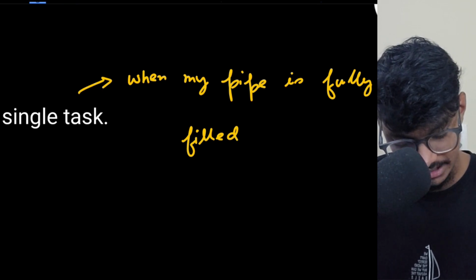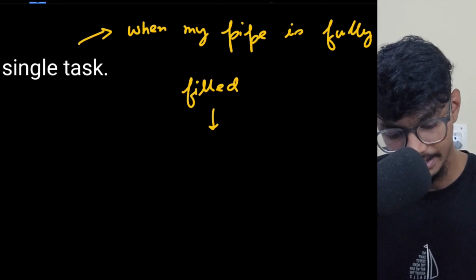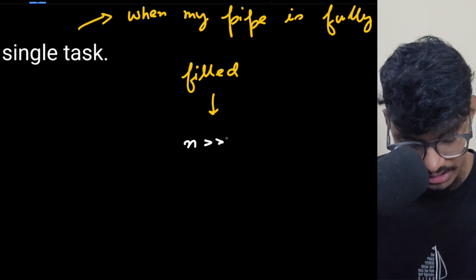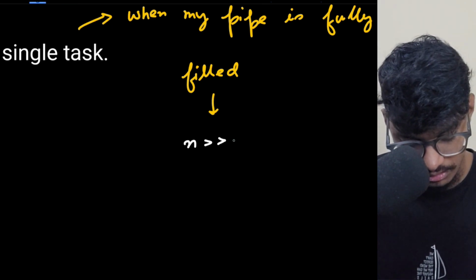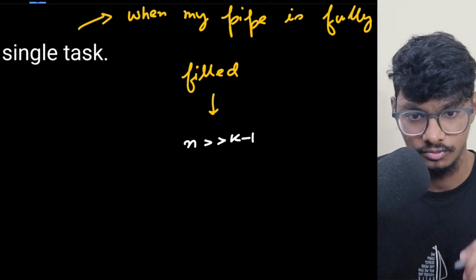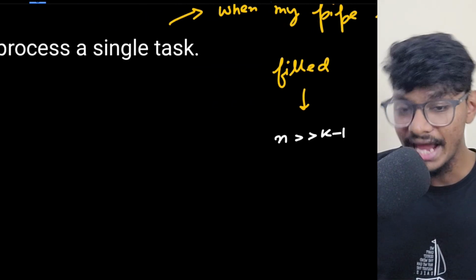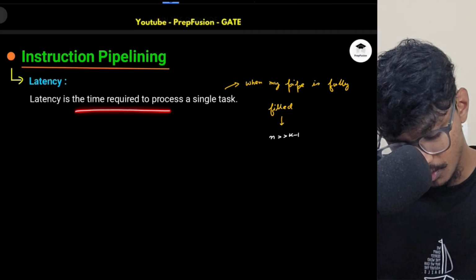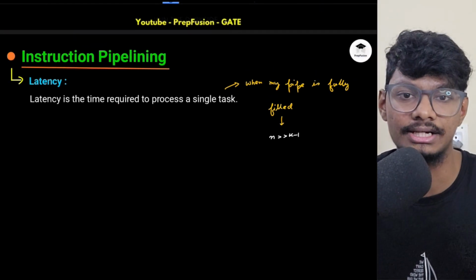What does it mean technically? It means n is very much greater than k minus 1. So if n is very much greater than k minus 1, how much time does it require me to process a single task?